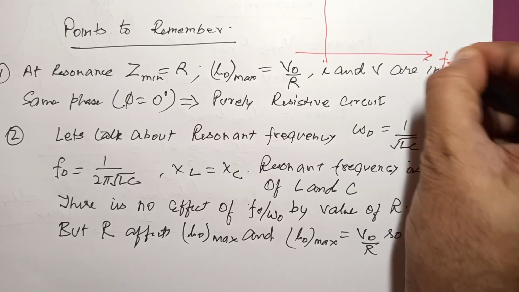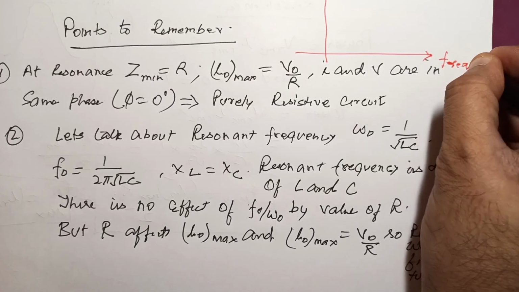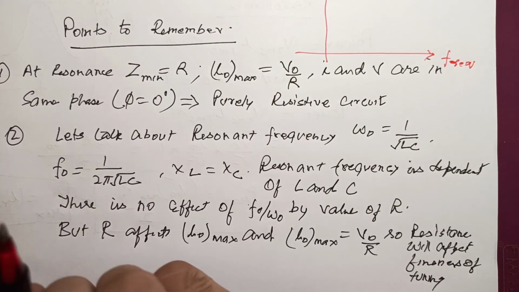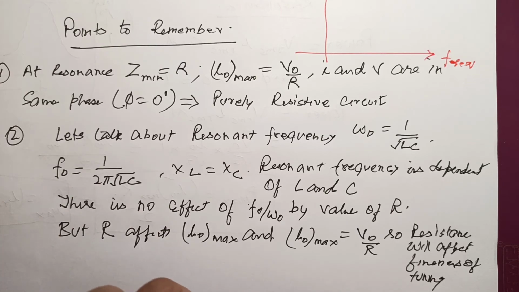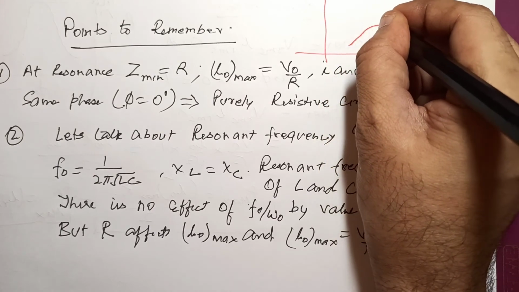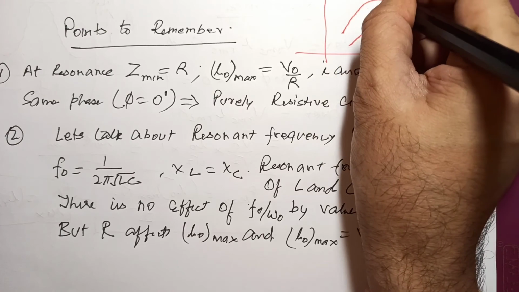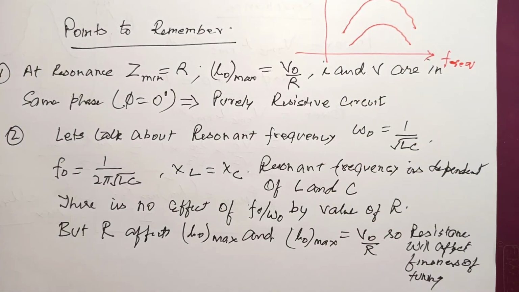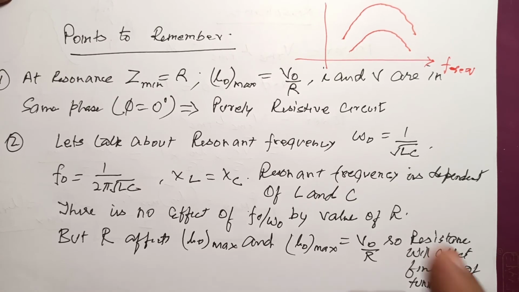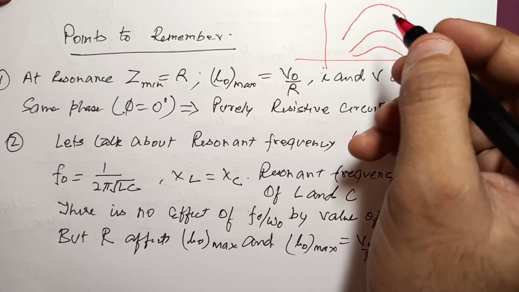This is F naught, frequency, and let's say we have 3 curves like this, then this, and third, this.